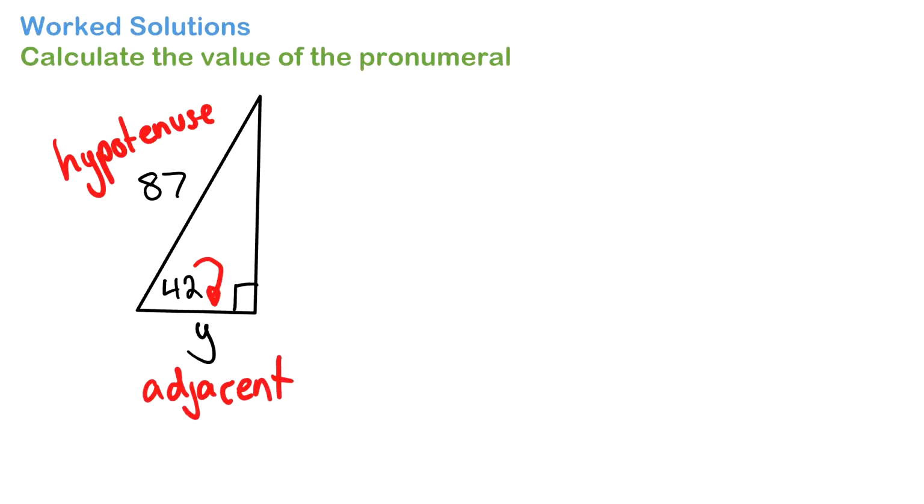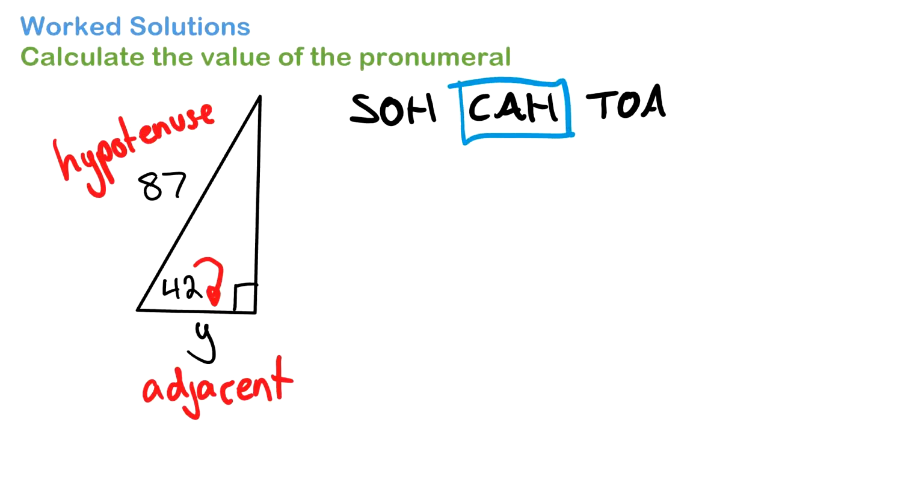We then would have our SOH CAH TOA, and we look at which one of these matches what we know. We know we have hypotenuse and adjacent, or A and H. So I need to look for which one of these ratios has A and H. I notice it's the middle one, so I know I'm going to be using cos.